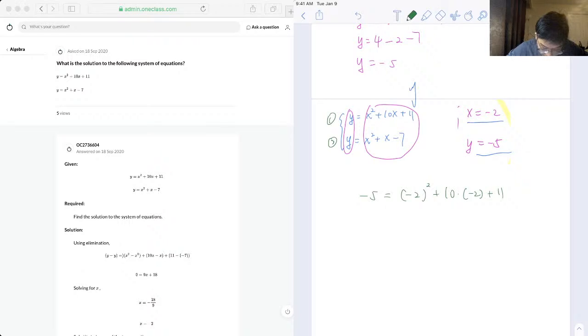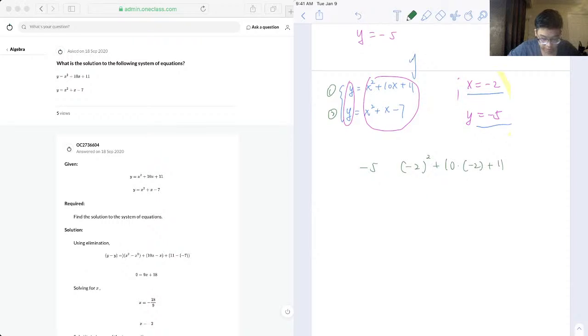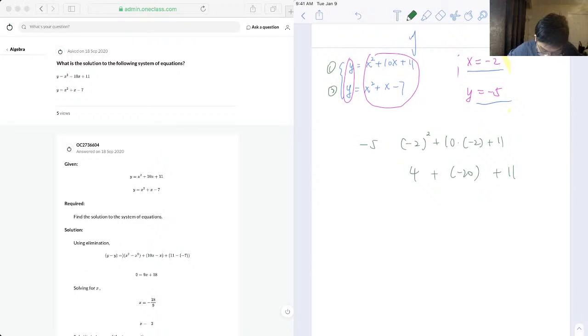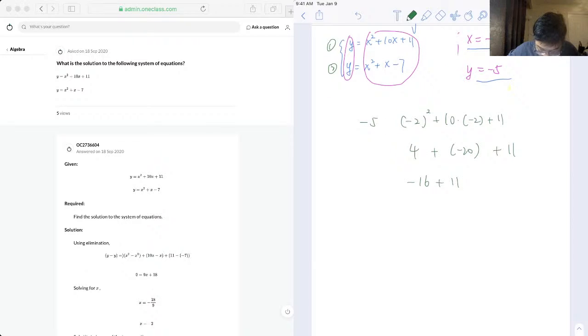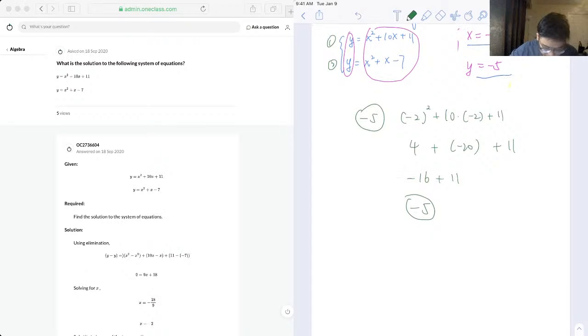For the right-hand side, negative 2 squared is 4, plus 10 times negative 2 is negative 20, plus 11. So this is negative 16 plus 11, which gives us negative 5. Now you can see the left-hand side is equal to the right-hand side, so our answer for the first equation holds. Now let's check the second one.